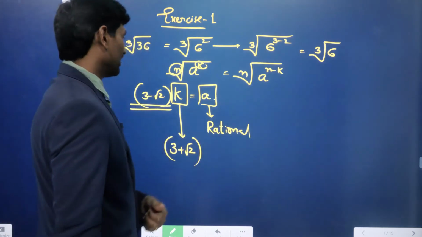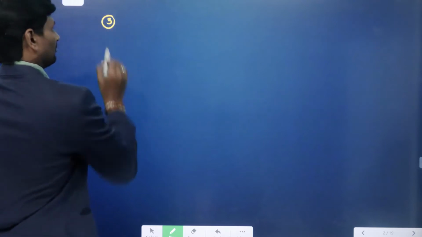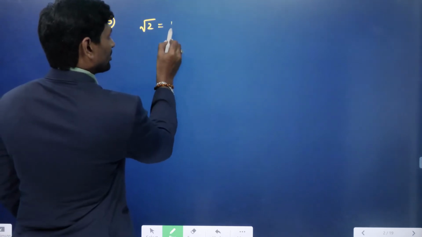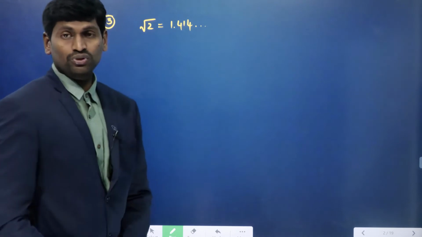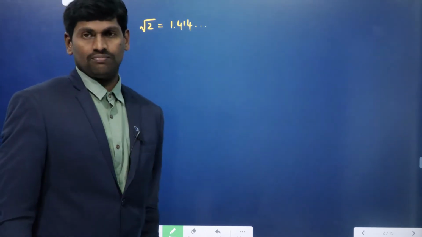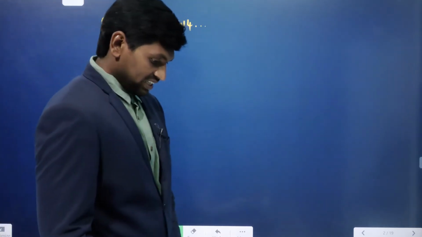Next, let us go to question number 3. If the value of root 2 is 1.414 and so on, root 2 is an irrational number, so non-terminating non-repeating decimals will come, that's why the 'and so on' is given.